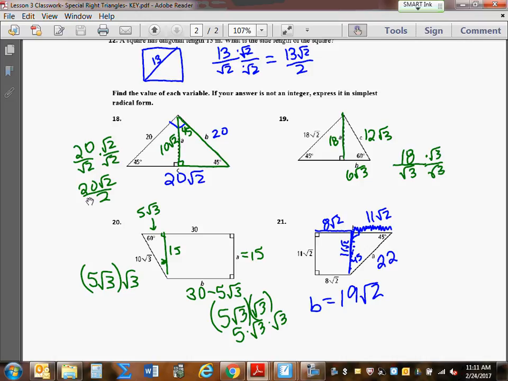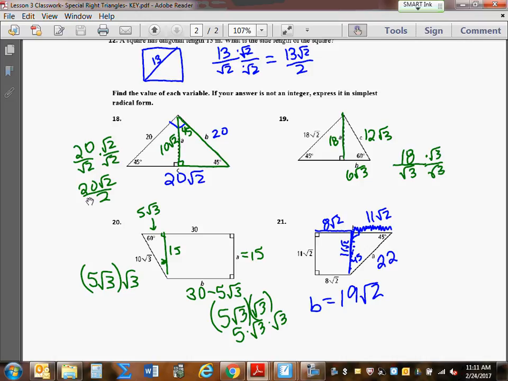Yes, Jim. B in number 20. Okay, so letter B in number 20. So right now we just have that it's that trapezoid. We want to go ahead and draw in that perpendicular line so that we have a nice rectangle with the triangle.